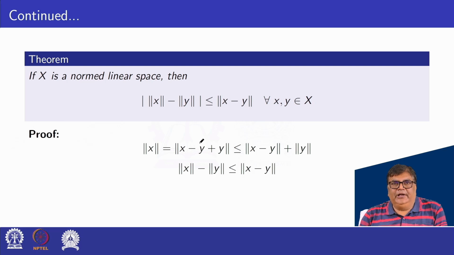And we can apply the fourth property, the triangle property of norm, that is less than or equal to norm x minus y plus norm y. Therefore, norm x minus norm y is less than or equal to norm of x minus y.